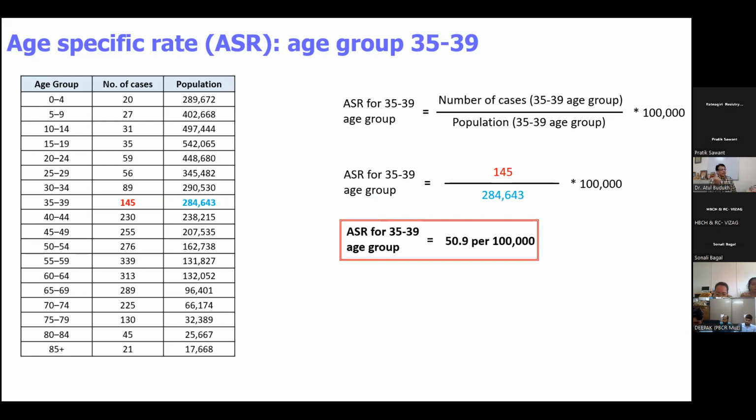50.9 per 100,000. So while doing the CanReg 5, you have all the things. Age group is there, number of cases is there, population is there. You can do it by CanReg or you can do it by Excel.